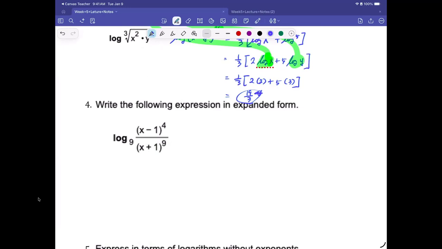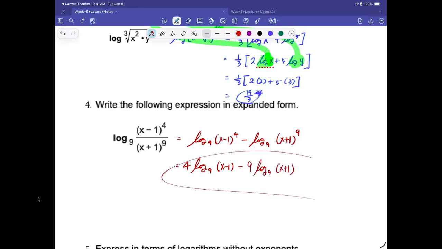Division is subtraction. Okay. So first you have to do the division and then do the exponent, and then you're done.